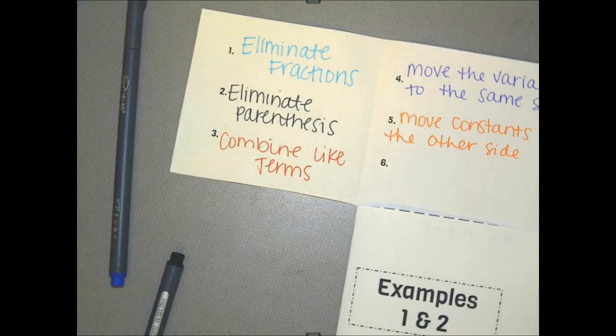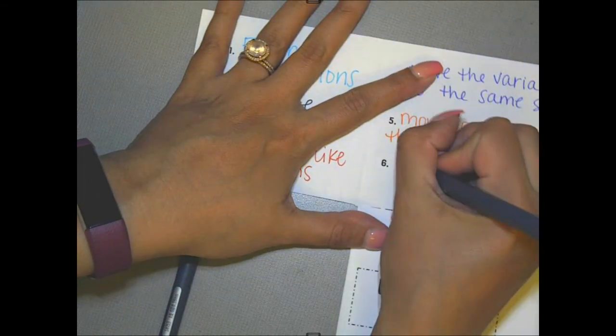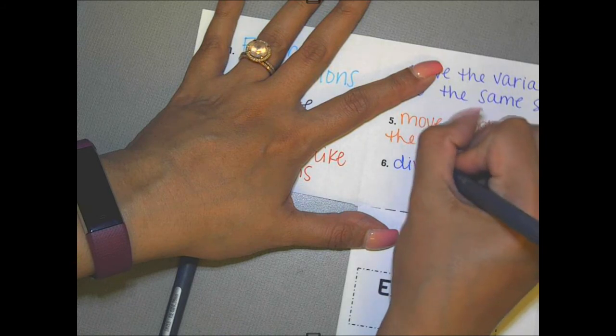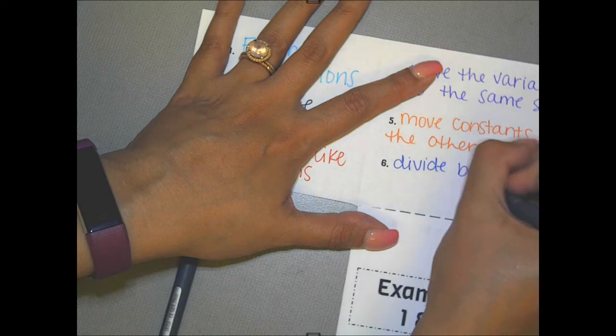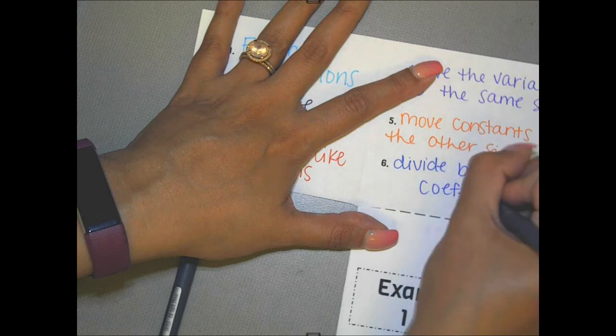And then our last step is to divide by the coefficient. And remember that coefficient is the number touching the variable. So we're going to divide by the coefficient.